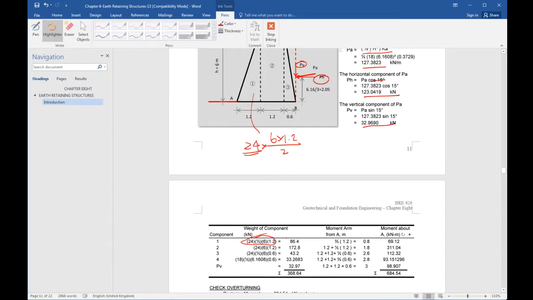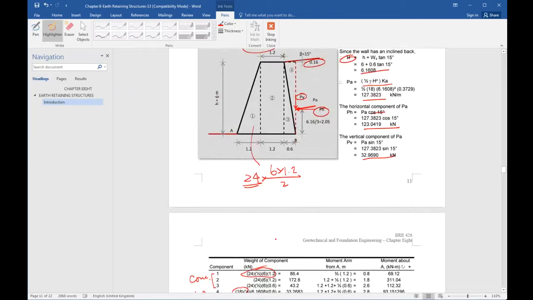Similarly, you can work out 1, 2, 3, which is about the concrete. And what about here? 4 is the soil, right? The unit weight of soil is 18 kilonewtons per cubic meter. So it's talking about this piece, that is the soil. Here's the concrete.